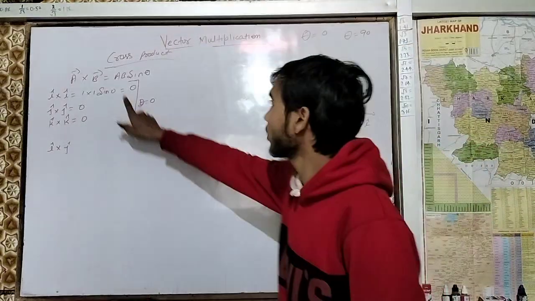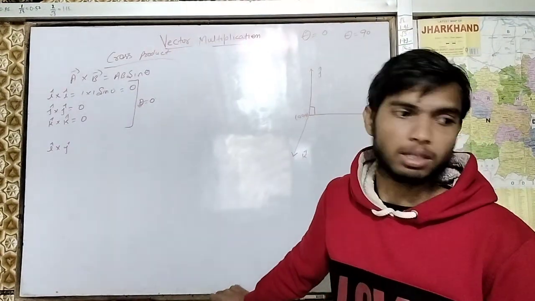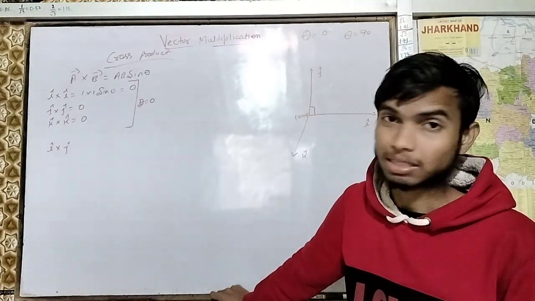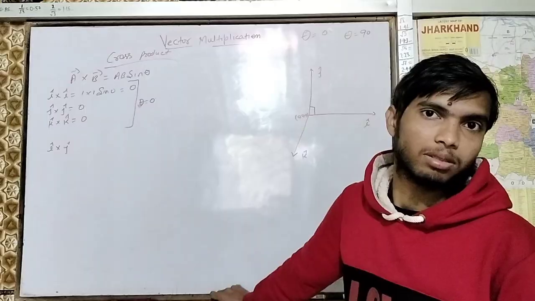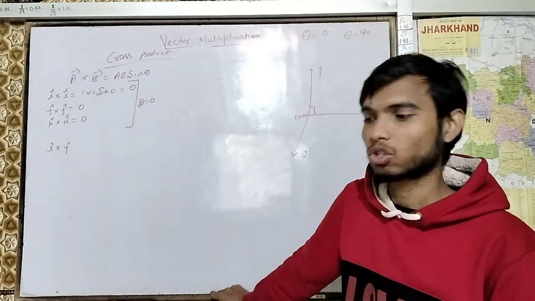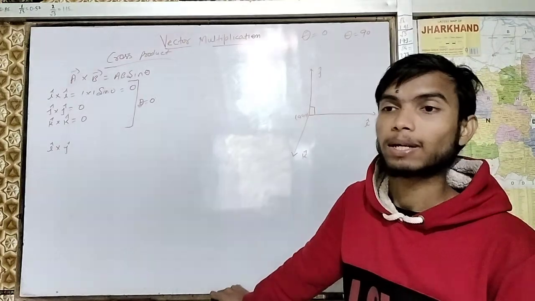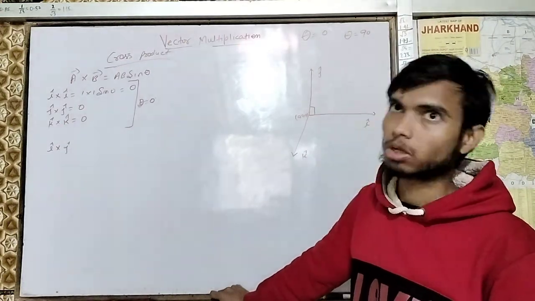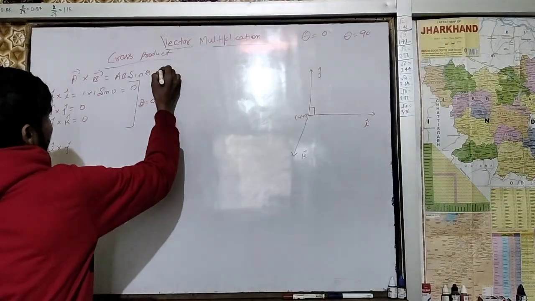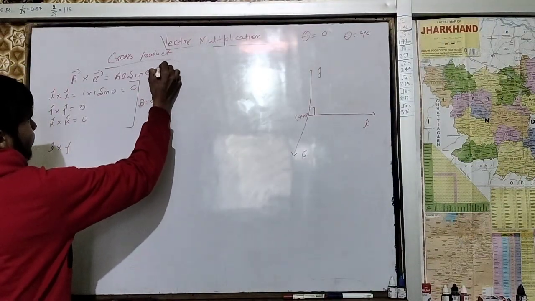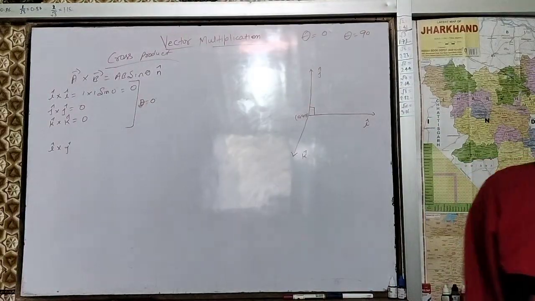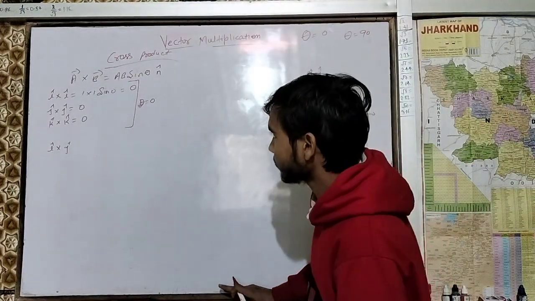But if we use this formula, the result would be a scalar. How will it be possible? It will become possible when we use direction. So for direction, we are going to use this n cap.